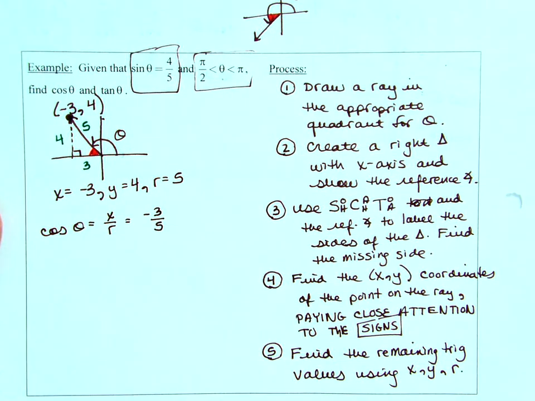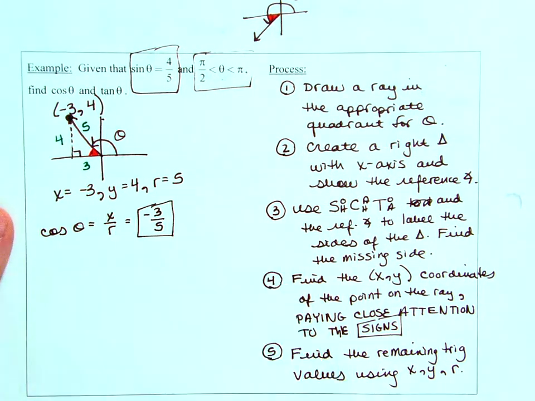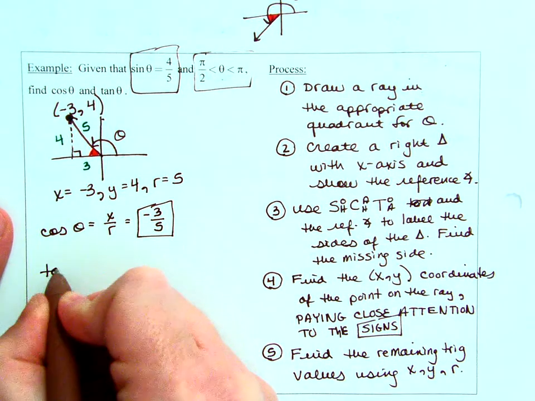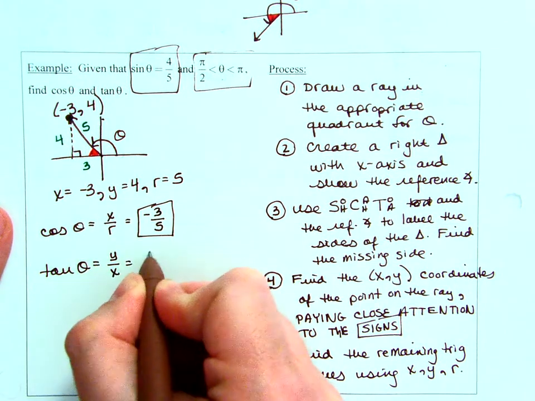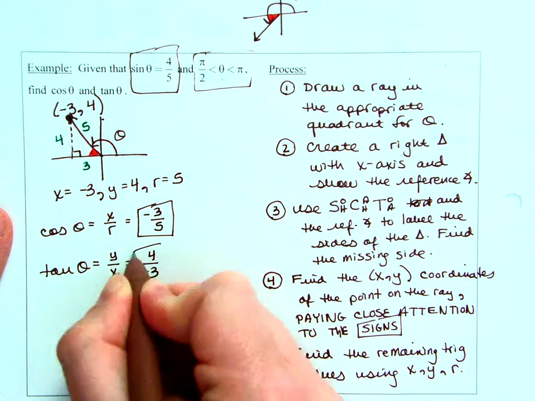If you tried using SOHCAHTOA, you would get +3 over 5, which would be wrong. The signs, the positives and negatives, are really like half of what this is all about. The tangent of theta is y over x, which is 4 over -3, or just -4/3.